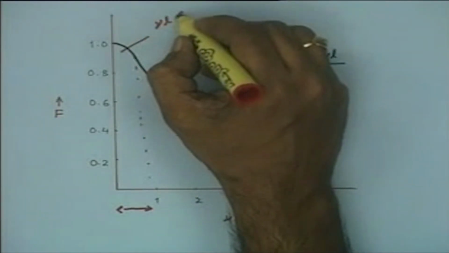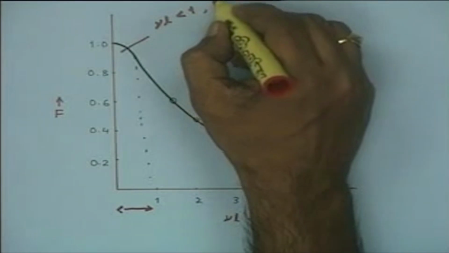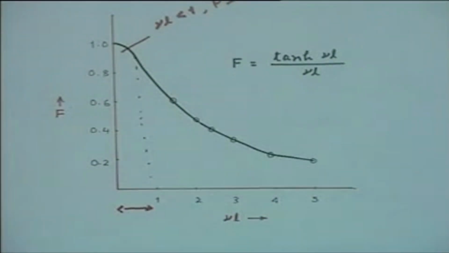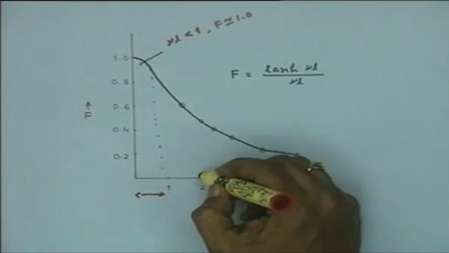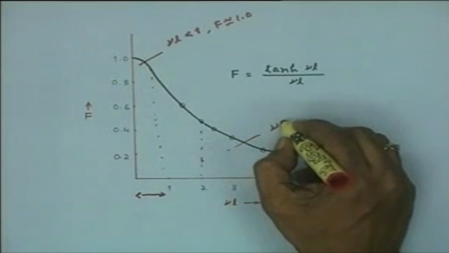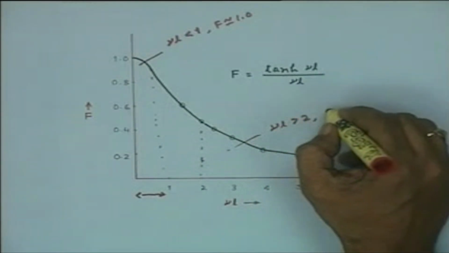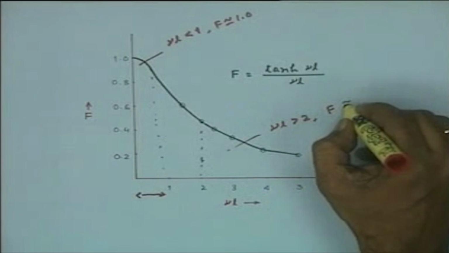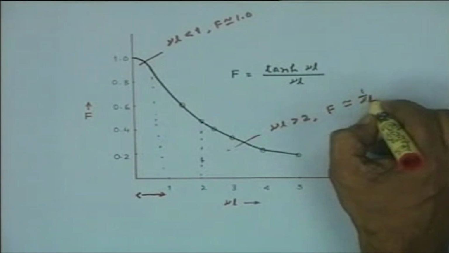Gamma L less than 1, F is approximately equal to 1 in this region. On the other hand, when you go to a gamma L value greater than 2, F is approximately 1 upon γL.